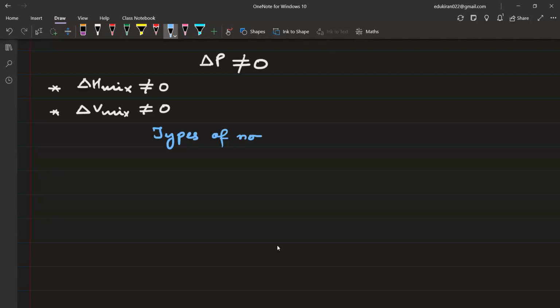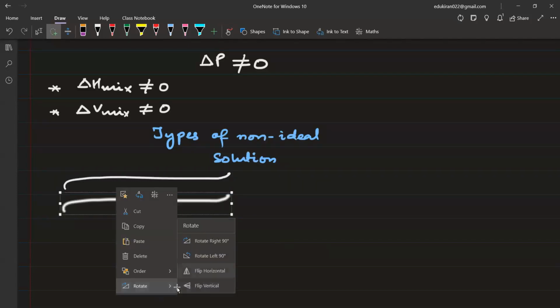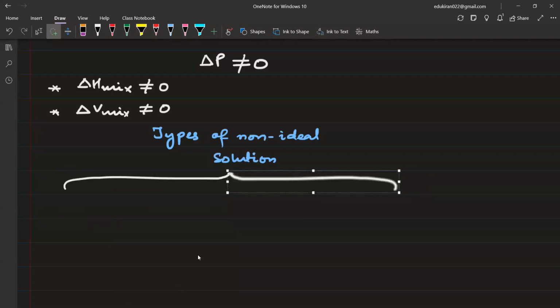Types of non-ideal solution. So there can be only two cases. The first case, sorry.